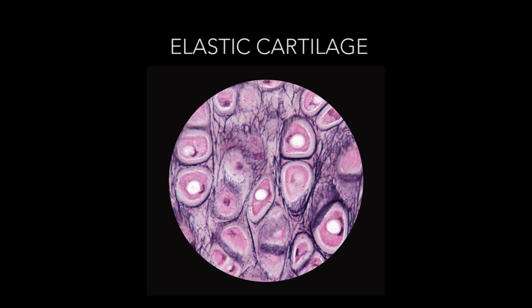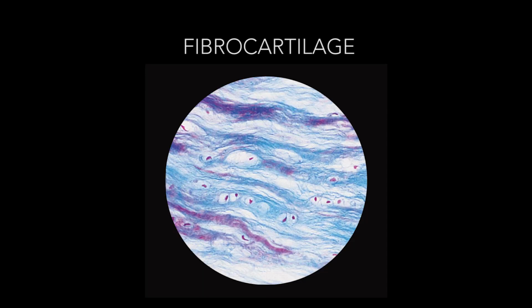Elastic cartilage is very flexible, and it's found in your ear and your epiglottis. Fibrocartilage is very strong. It's found between the vertebral discs, your knee joints, and the pubic symphysis.